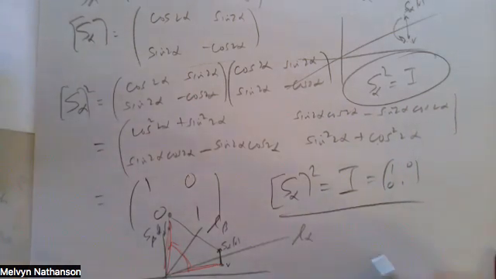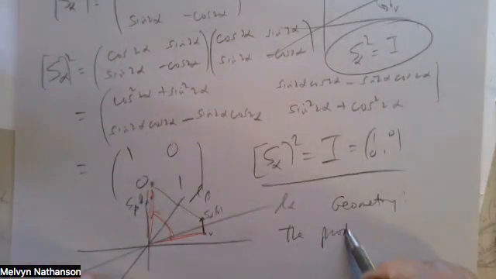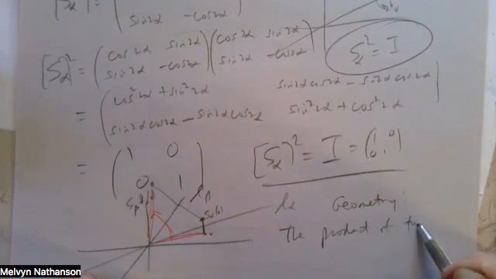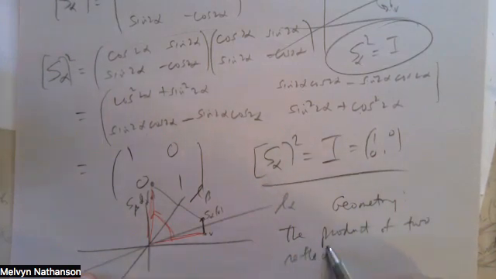So this is just a little piece of geometry, which is very nice to know. The product of two reflections is a rotation.